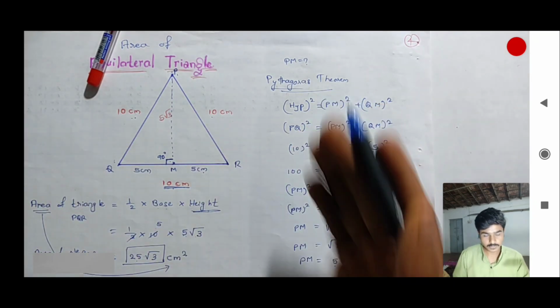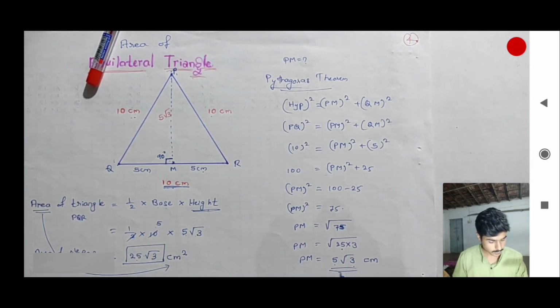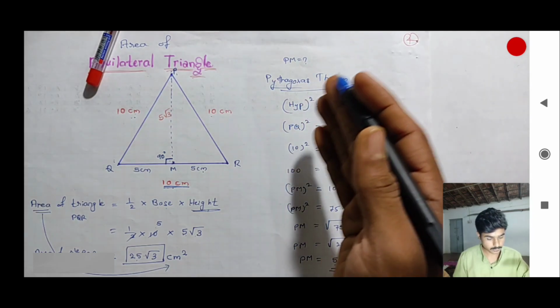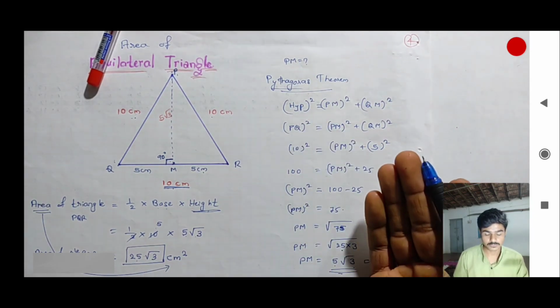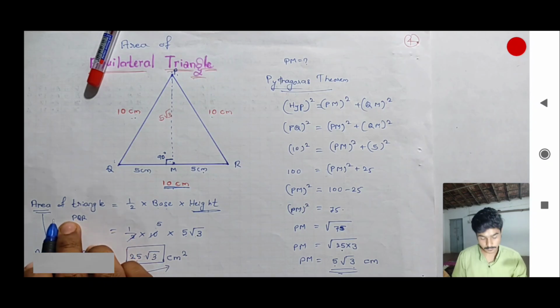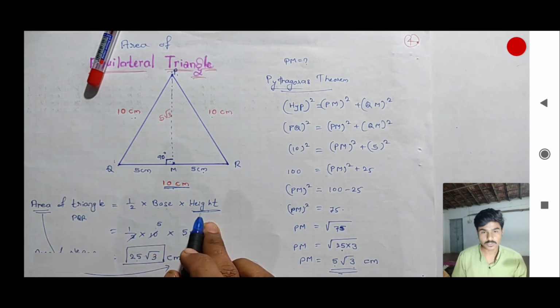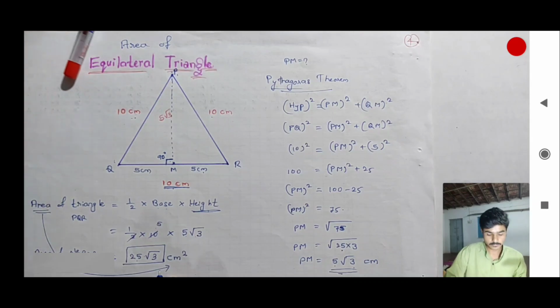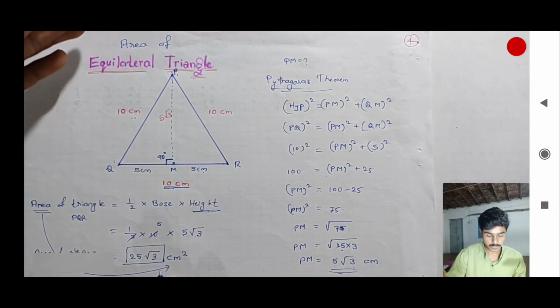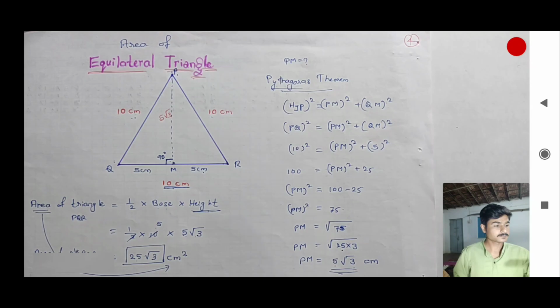By applying Pythagoras theorem, we are able to find its height. First we need to find the height using Pythagoras theorem, then come back to the basic formula, substitute the value of height and get the answer. This is how we find the area of an equilateral triangle.